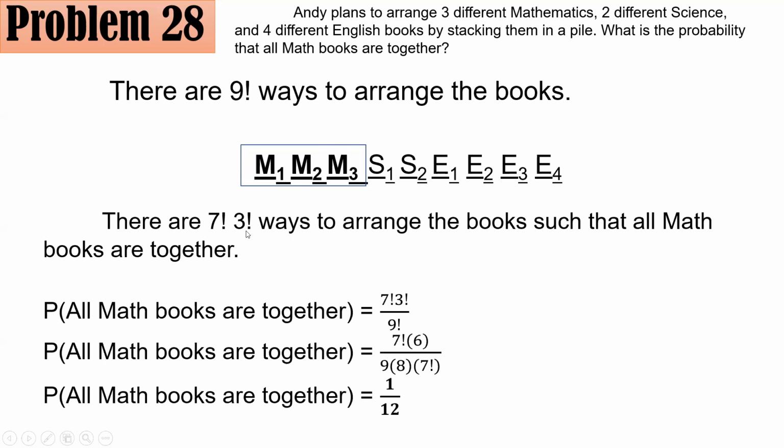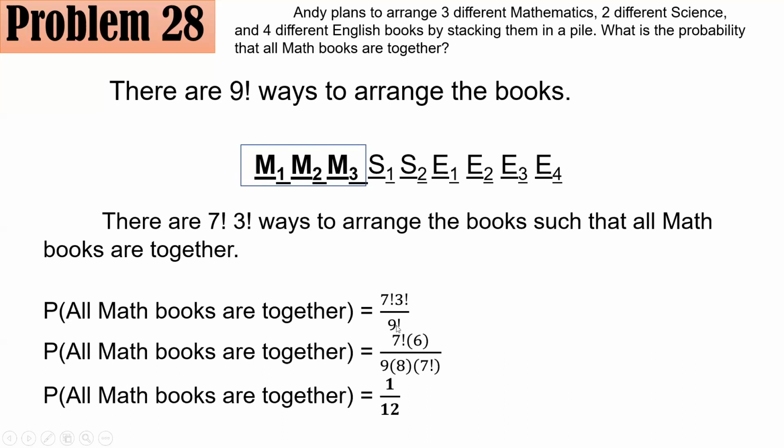So 7 factorial times 3 factorial ways to arrange the books such that all math books are together. And if we talk about classical probability, it's the total number of favorable outcomes, which is 7 factorial times 3 factorial, over the total number of outcomes, which in this case is 9 factorial.